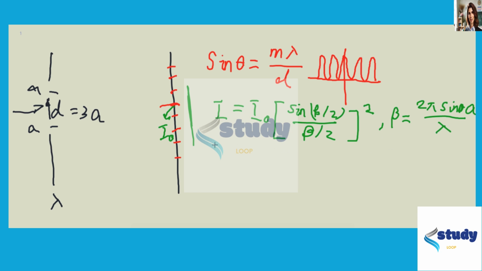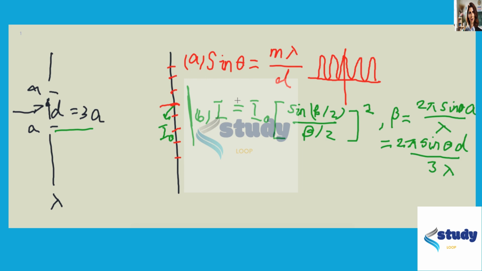If we plug in d equals 3a, beta equals 2 pi sine theta times d over 3 times the wavelength lambda there. Okay, so this is B here, and this is A.